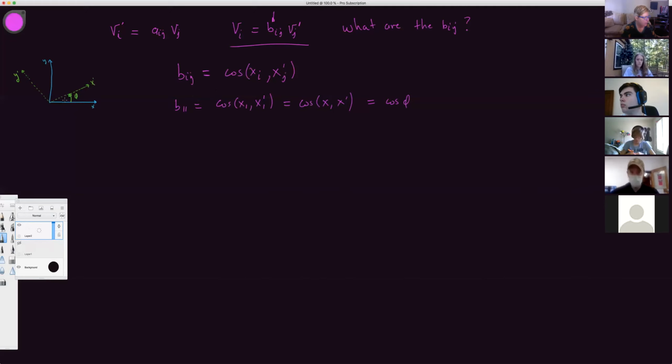And when we did our direction cosines before, we were a little bit lax because we said that the direction cosine between x prime and x was phi, when it's really negative phi, but it doesn't matter to the cosine. Everybody get that?